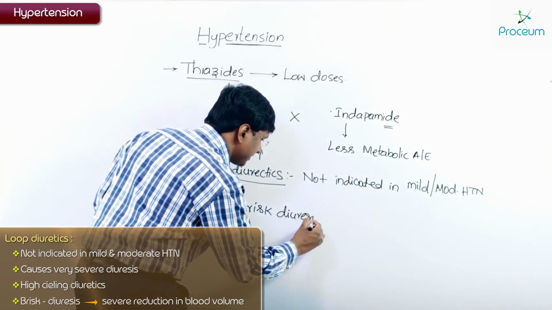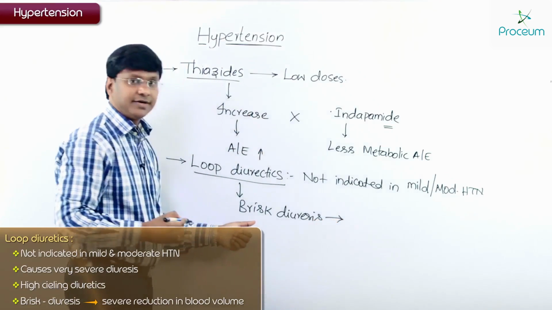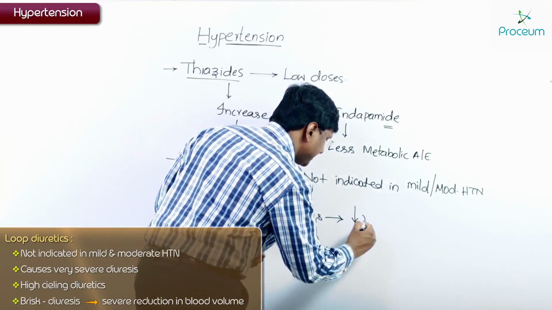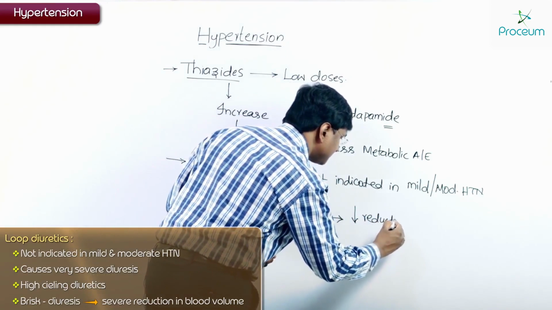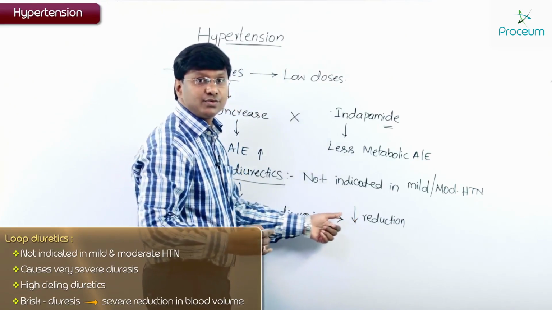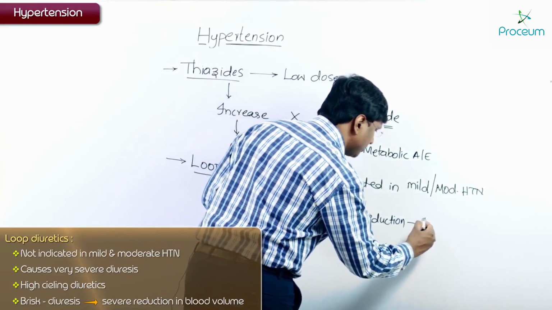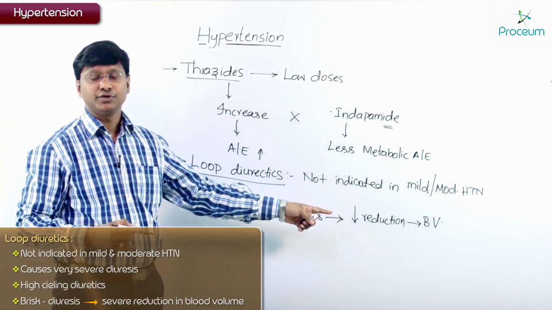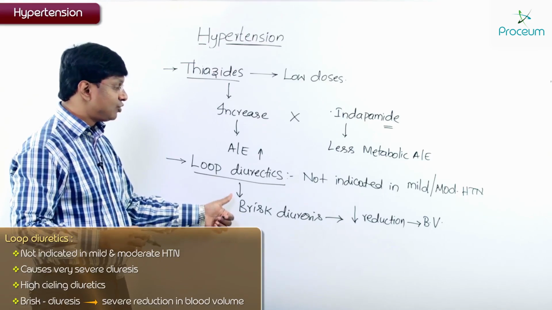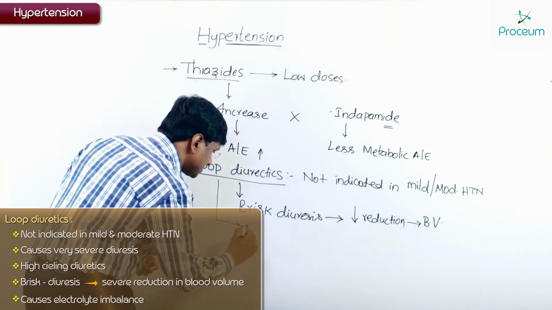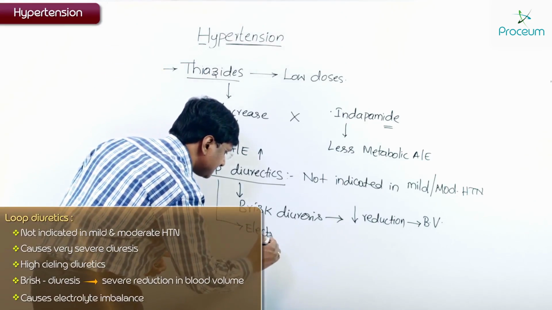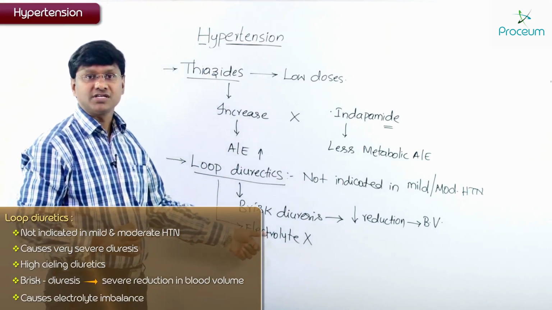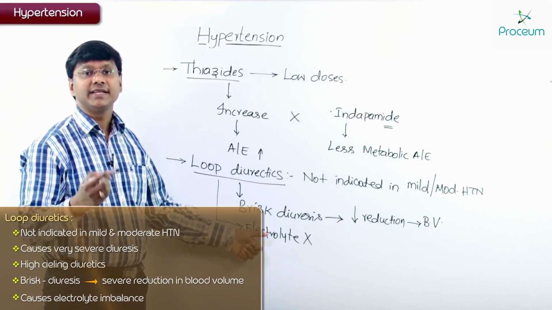Because it causes brisk diuresis, that will lead to severe reduction in the blood volume. And not only that, these loop diuretics will also cause electrolyte disturbances or electrolyte imbalance.